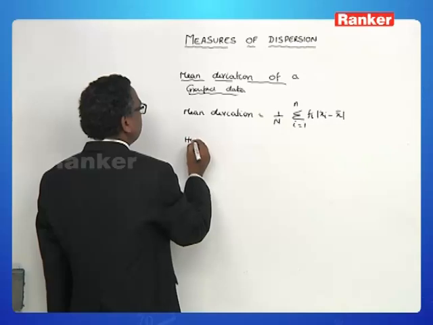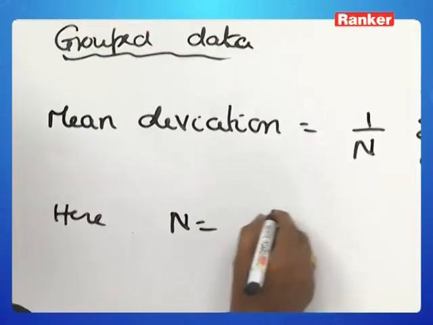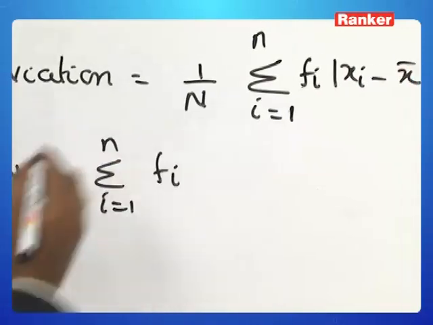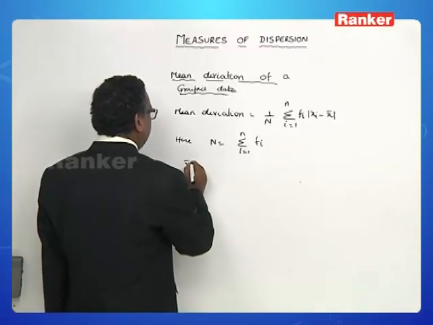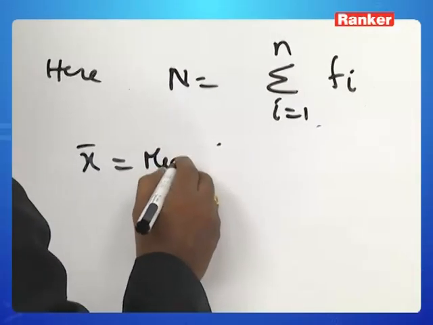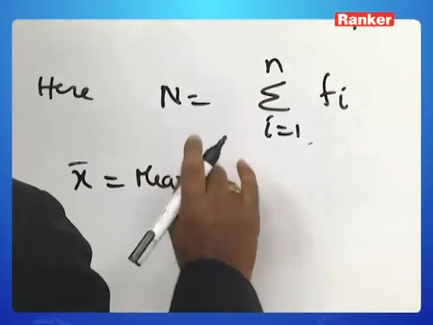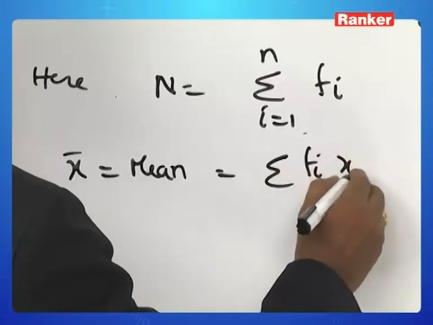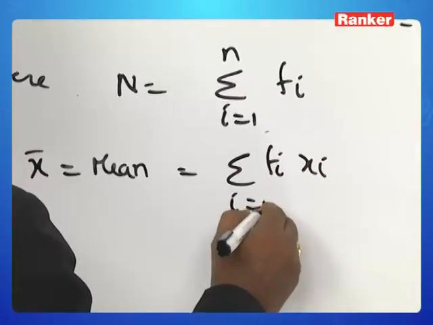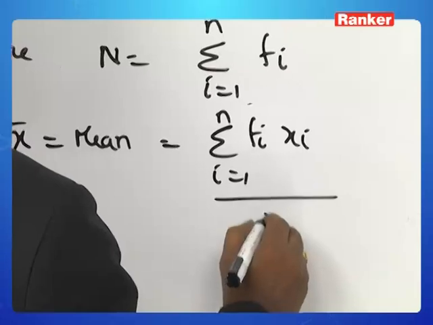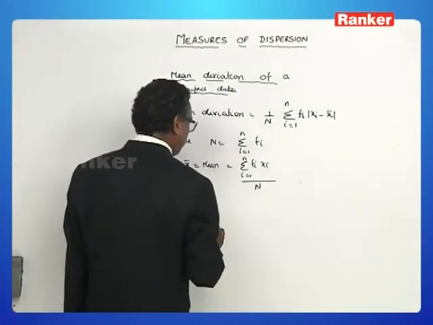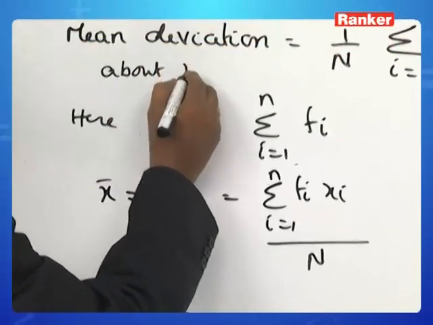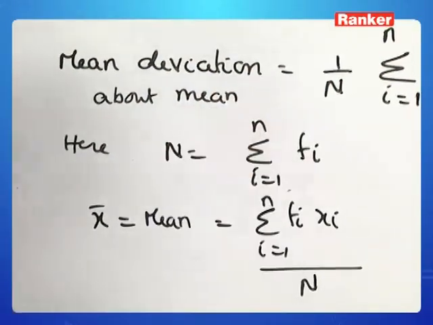Here n is equal to sigma i runs from 1 to n fi. Here x bar is the mean, which is equal to sigma fi xi divided by n. Now this is the mean deviation about the mean, the arithmetic mean.